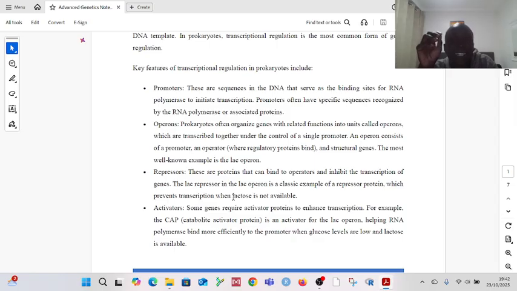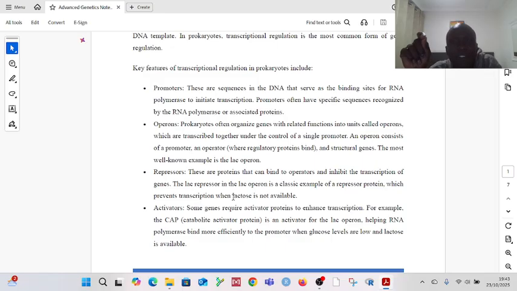So a promoter is a sequence within the DNA molecule that serves as a binding site for the RNA polymerase. RNA polymerase is what initiates the process of transcription, because as an RNA polymerase, it leads to the formation of an RNA polymer. By forming an RNA polymer, we will have done a transcription. So the site in the DNA where the RNA polymerase will go and bind or attach, that is the promoter.